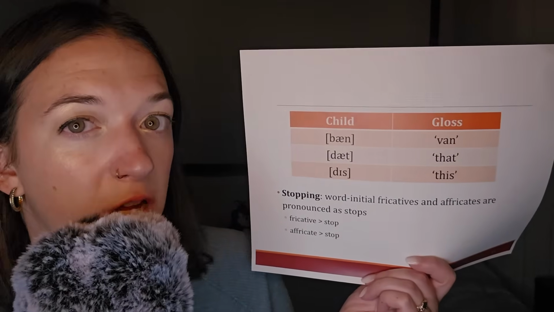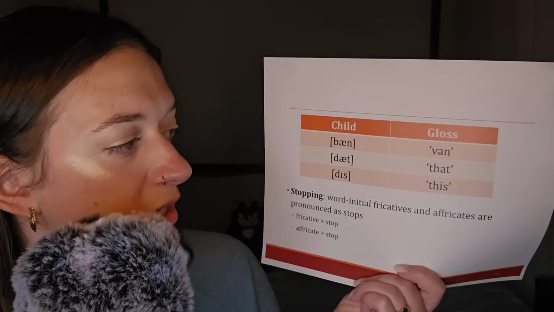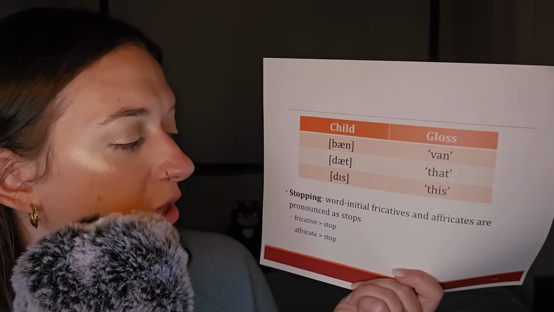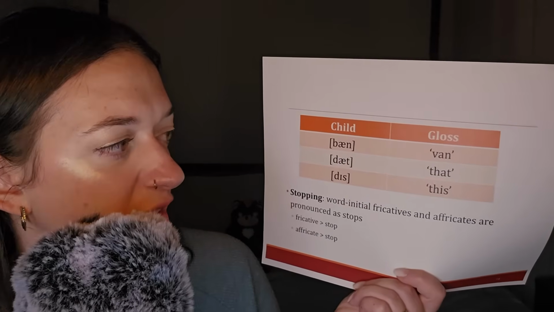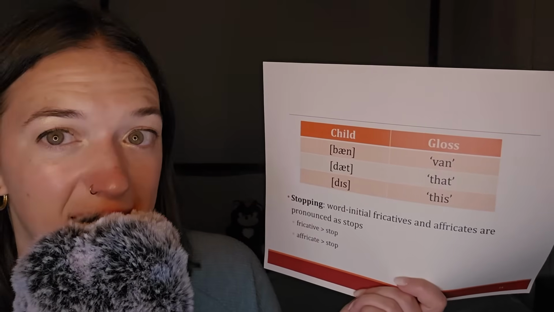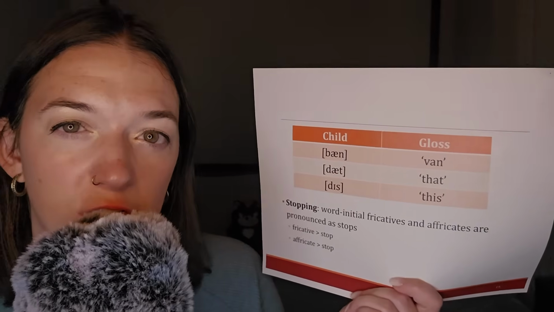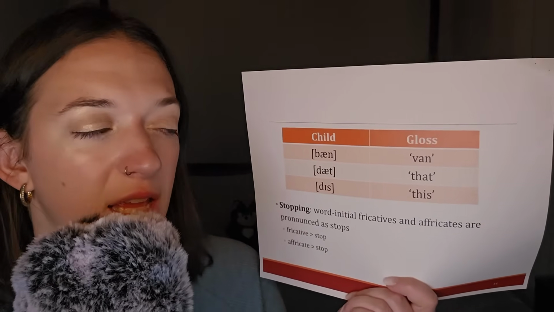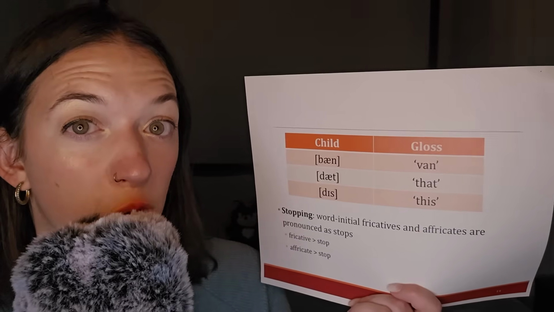Another common phonological process is stopping. So word-initial fricatives and affricates are pronounced as stops. So a fricative or an affricate becomes a stop. So that becomes dat. This becomes dis. This is very common for children, as we saw in the chart of the consonant inventory by age 4.